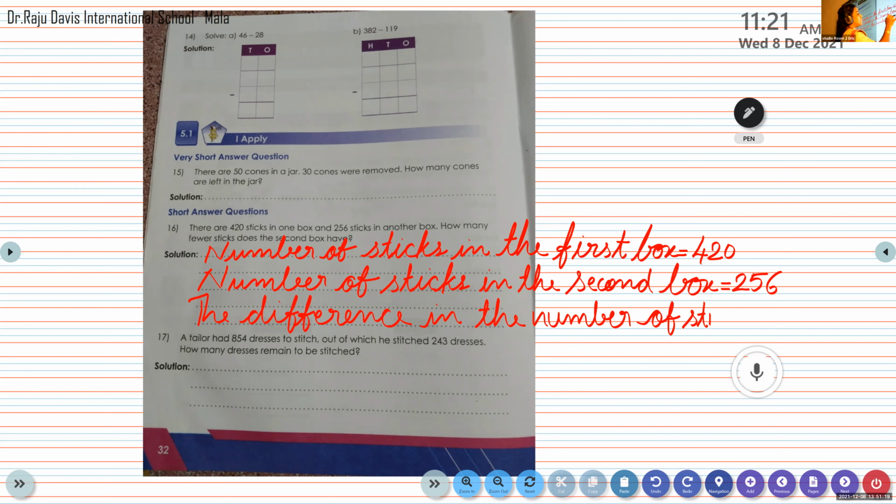And how to find out the difference? What we have to do? We need to add or subtract? Subtract, yes. We have to do the subtraction. Which are the numbers we have to subtract here? 420 minus 256.